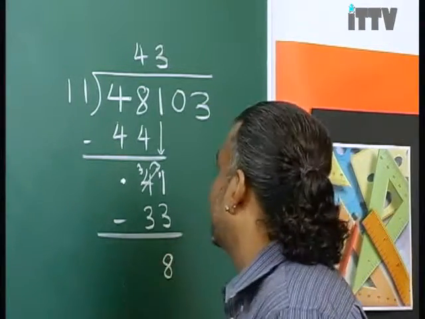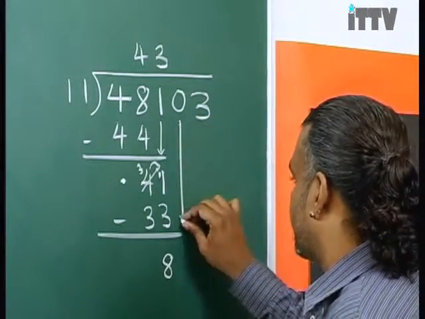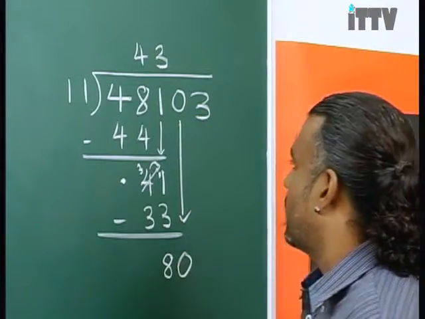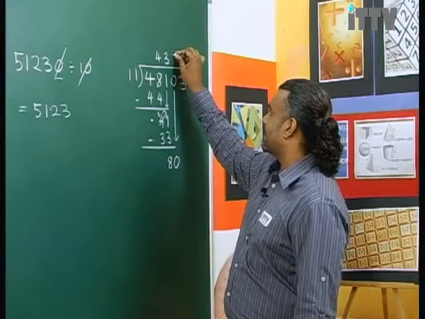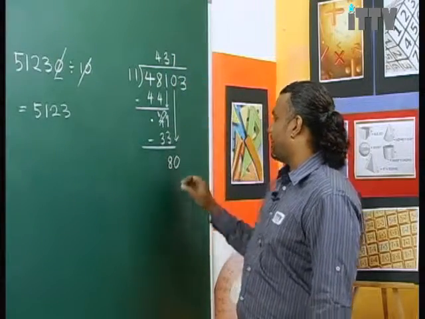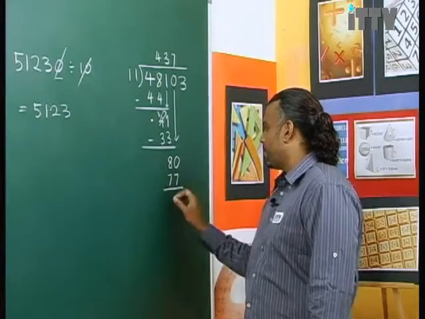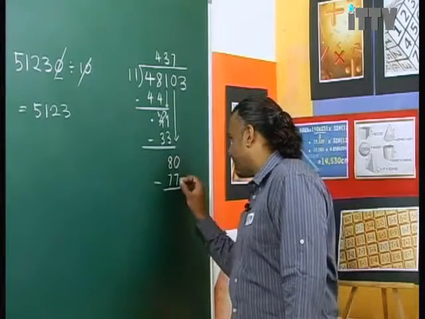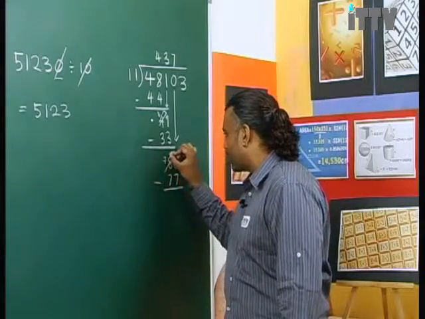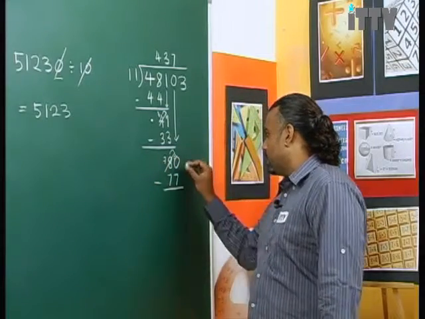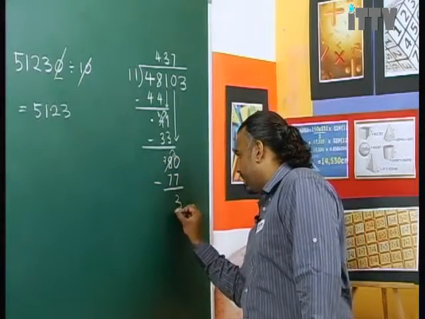8, bring down the 0, multiply by 7, 11 multiplied by 7, we'll get 77. We have 3, why? Because we borrowed 1 over here, so 10 minus 7, we will get 3.